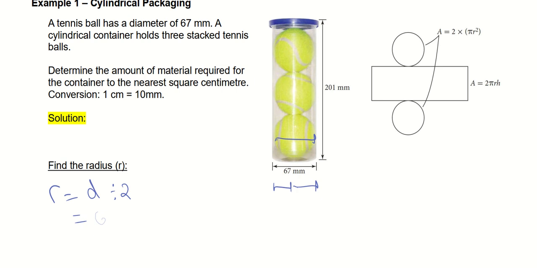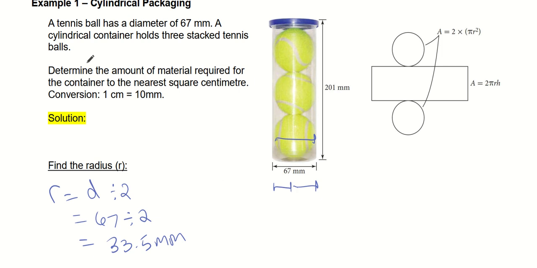So we have 67 divided by 2. It's 67 millimeters, by the way, divided by 2. And that should give us 33.5. And this is in millimeters here. Okay, good. So we did that part.